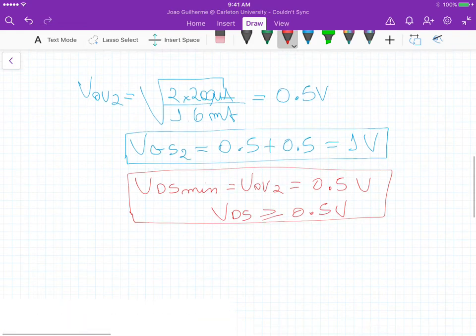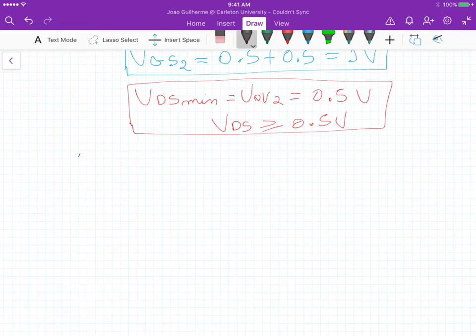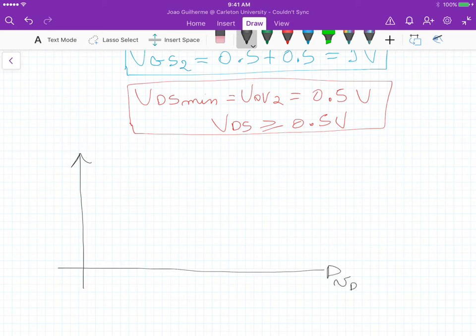Okay, now if you want, we can plot these results here, and it's going to be basically similar to the curve that we had before. So here is VDS, here is ID, and then we have VDS equals the overdrive.